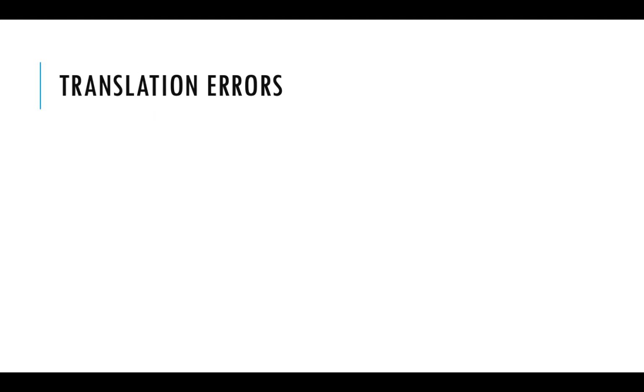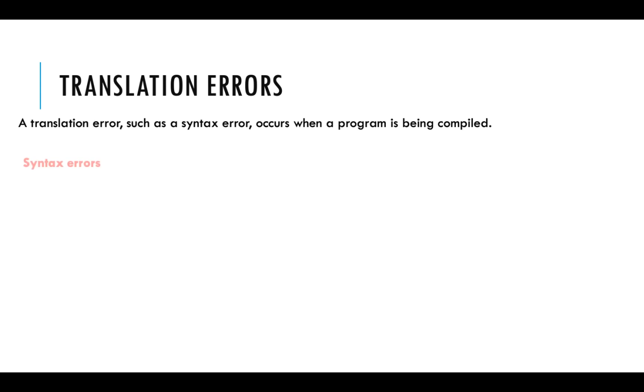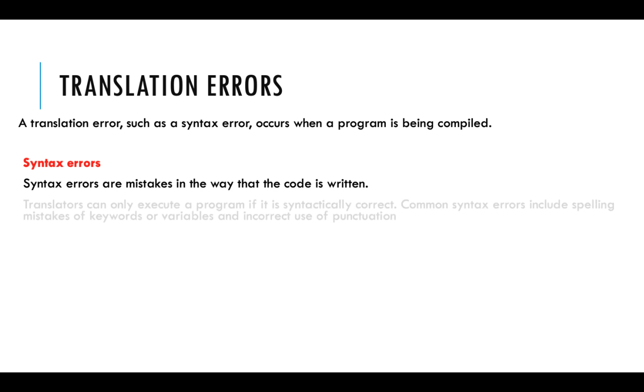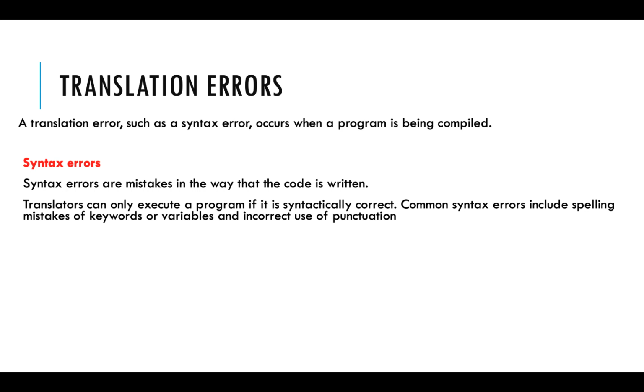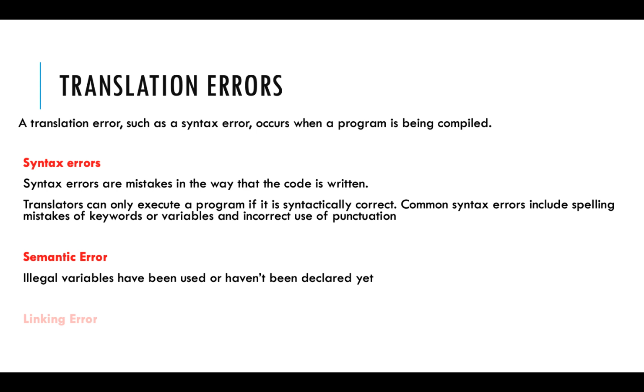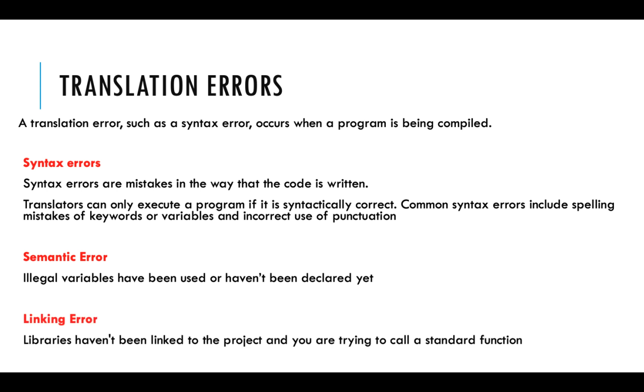Comparing those to translation errors, a translation error such as a syntax error occurs when the program is being compiled. Syntax errors are mistakes in the way the code is written. Your IDE will normally pick up some of these errors, but sometimes they slip through and go through the compilation process. Translators can only execute a program if it is syntactically correct, and common syntax errors include spelling mistakes of keywords or variables and incorrect use of punctuation.